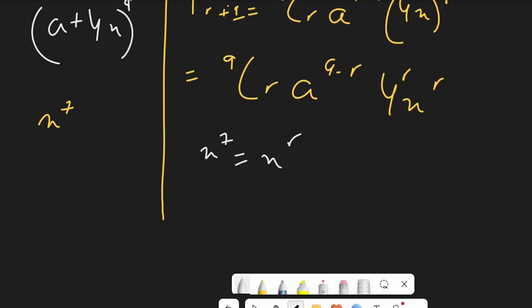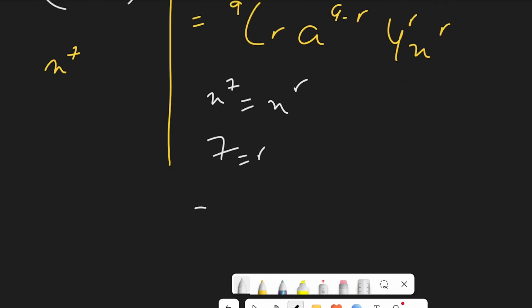Now we'll just compare. We can see that r is equal to 7. Okay, now we have r. So we will write 9C7 a^(9-7) 4^7 x^7.